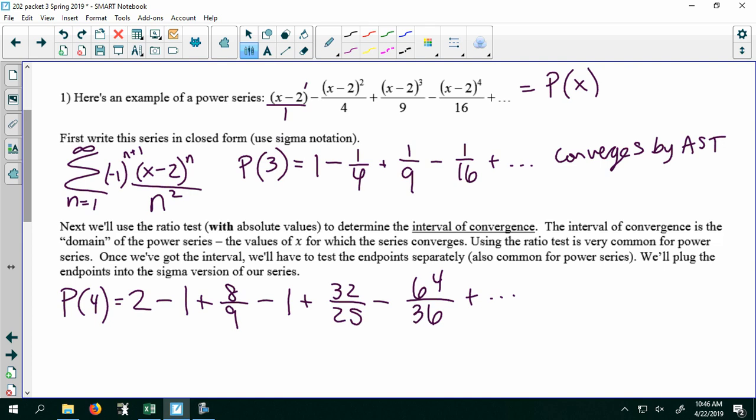So what do you think about this series? Where am I missing a minus? Nope, I don't think so. I'm plugging in 4 into each of these terms. So these two happen to come out to -1, but that doesn't mean you're going to get a -1 every other term.